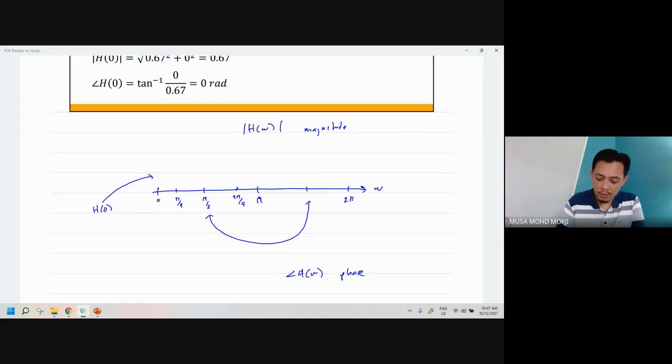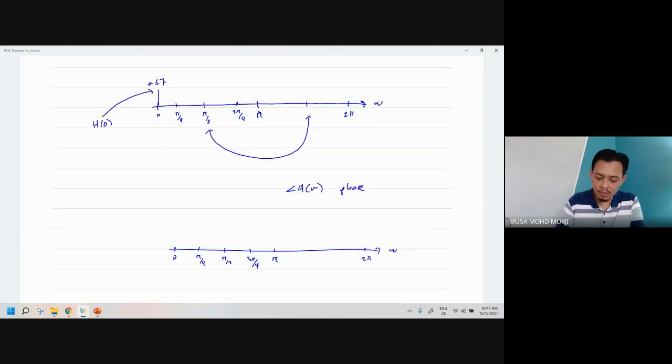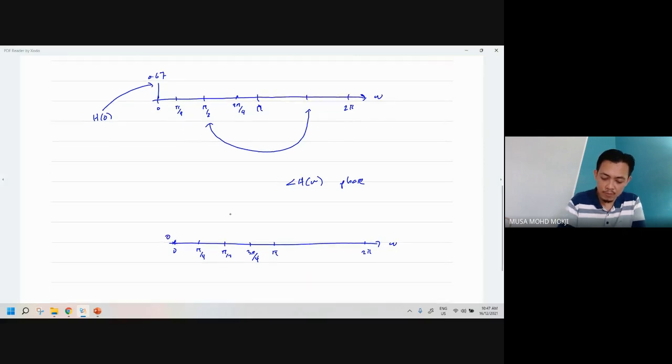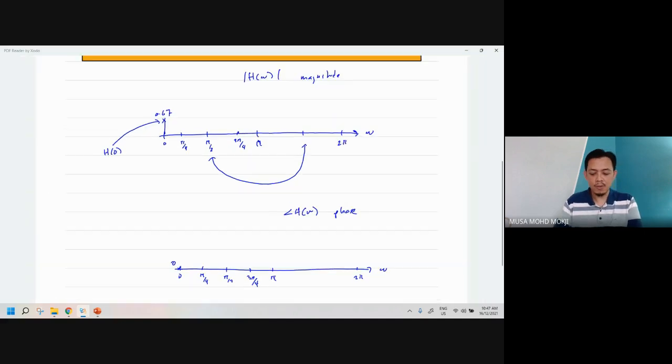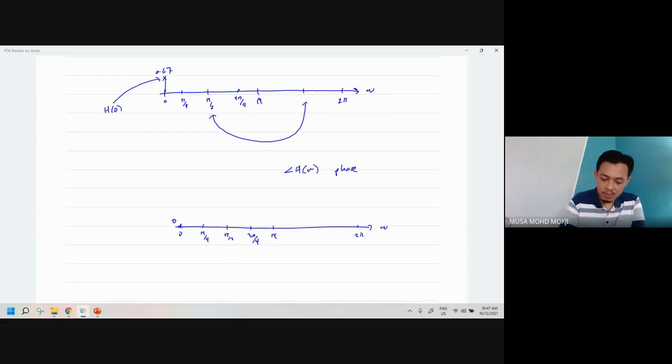So what will be the value here? This is a 0.67 and this is a 0. Magnitude and phase. So this one is the phase of H0.